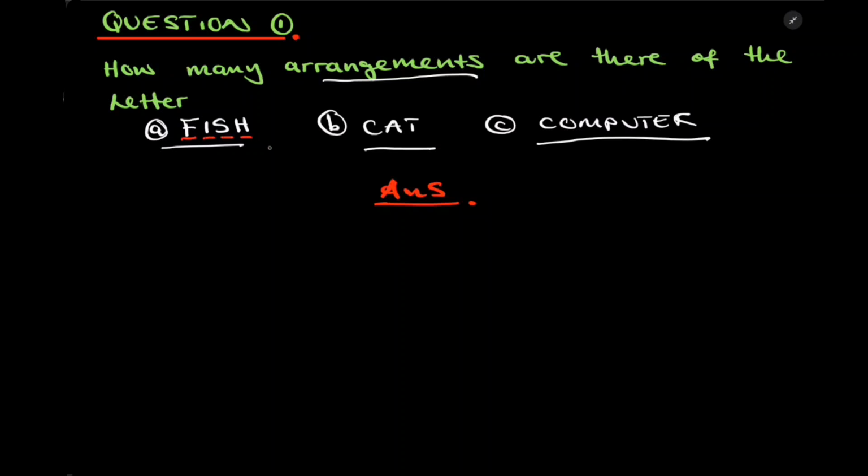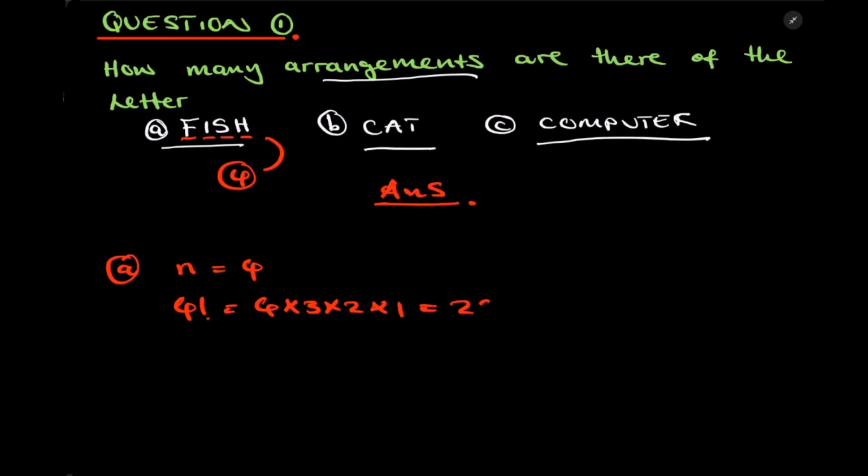So the number of letters is 4 for this one. And we can find the possible number of arrangements to be 4 factorial, which is equal to 4 times 3 times 2 times 1. And this is equal to 24. So that must be your answer.